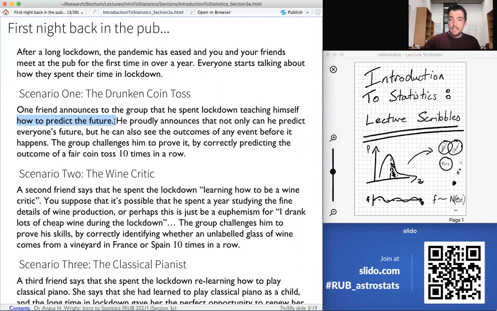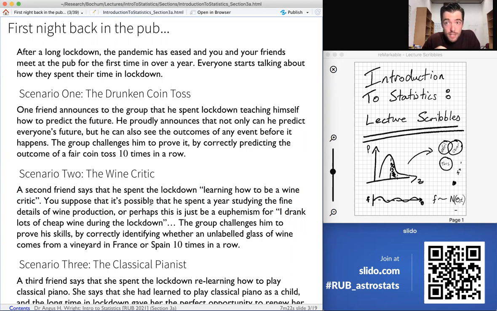Scenario number two is that a second friend says that he spent the lockdown learning how to be a wine critic. Now, it's entirely possible that this friend has spent the last year going through all the finer details of learning how to become a sommelier, but it's also quite possible that that is a euphemism for spending the last year just drinking cheap wine out of a carton.